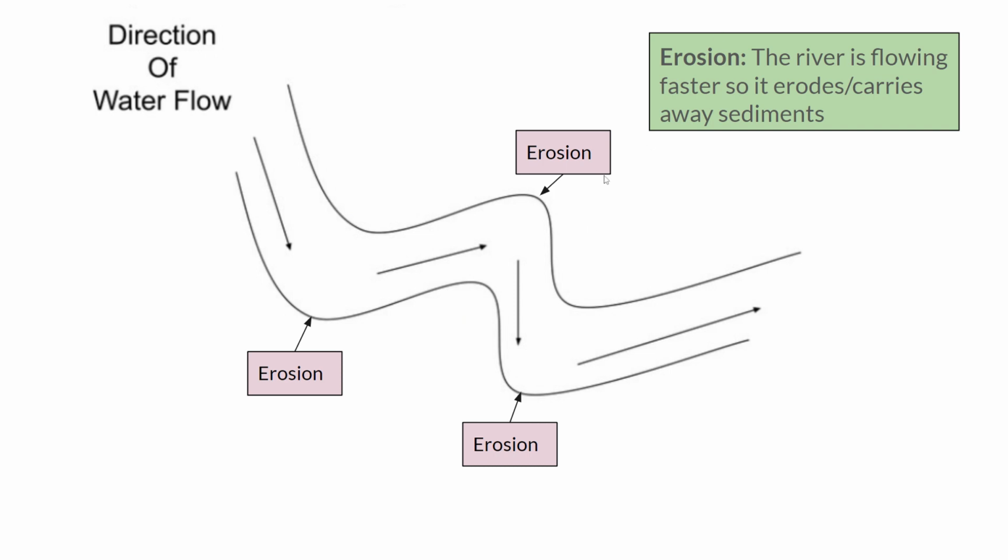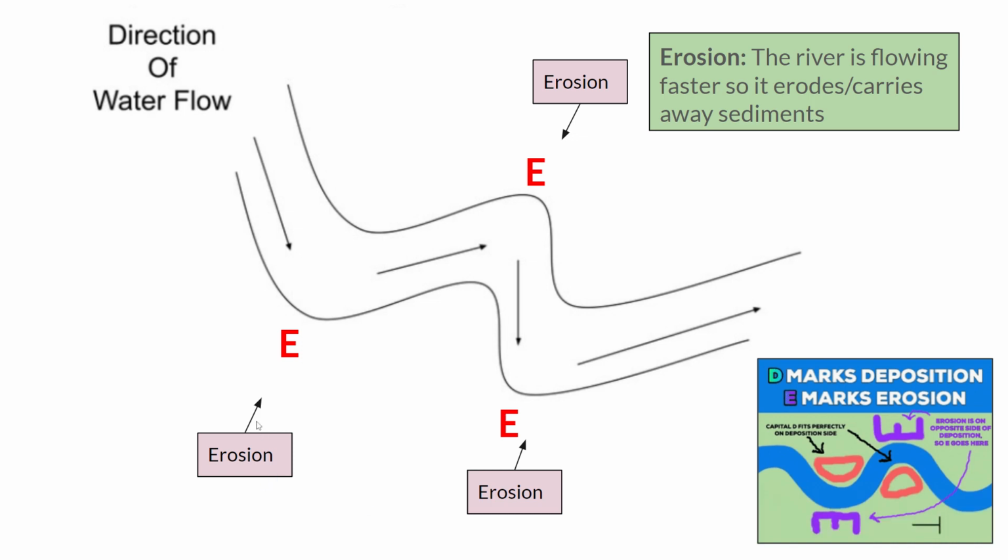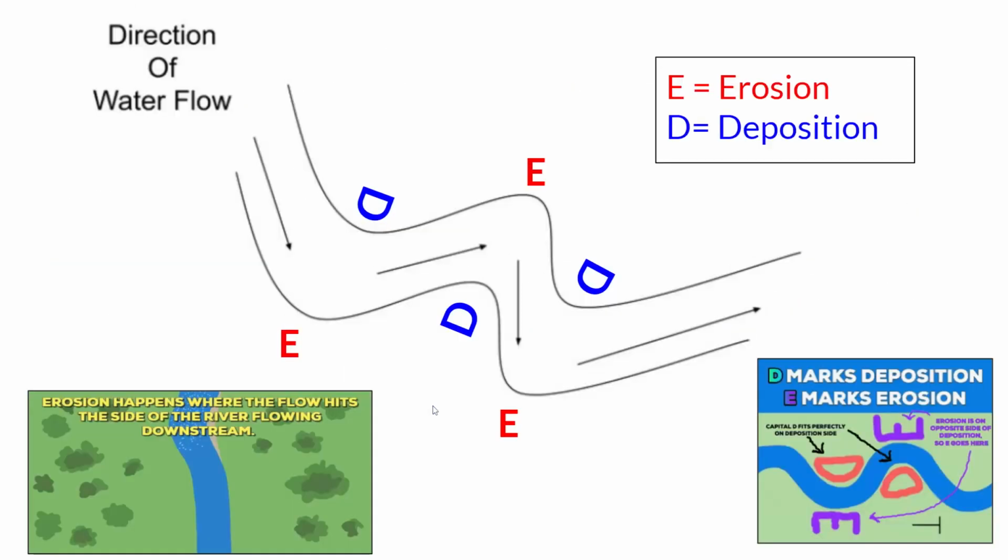And erosion is happening where the river is flowing fastest because it needs that energy, right? And erosion is going to happen wherever my capital D does not fit perfectly. So if I kind of like this, right? I could not draw a capital letter D in these areas perfectly. And if I give you a clear image of all of that, this is where our deposition will happen, the D, and E is where our erosion will happen.